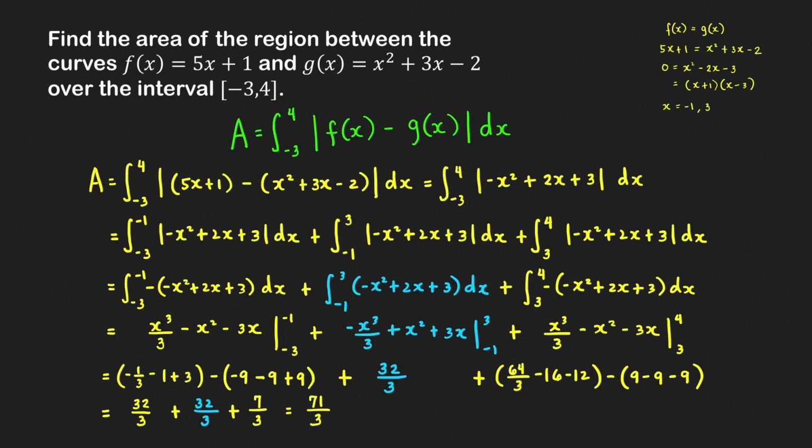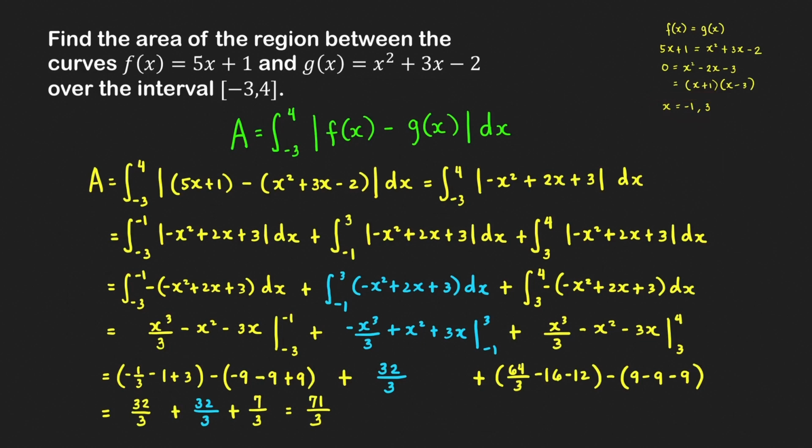Now, how do we evaluate this integral? We have to find the x coordinates of the zeros of this f of x minus g of x, and we're going to use those x coordinates to divide this closed interval -3 to 4. But we found already the x coordinates of the zeros of this f of x minus g of x. These are just the x coordinates of the points of intersection, which are -1 and +3.